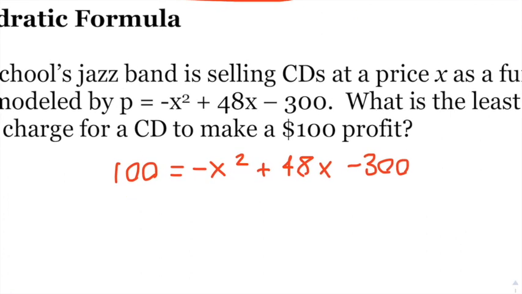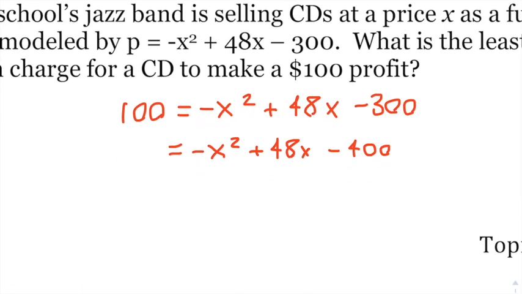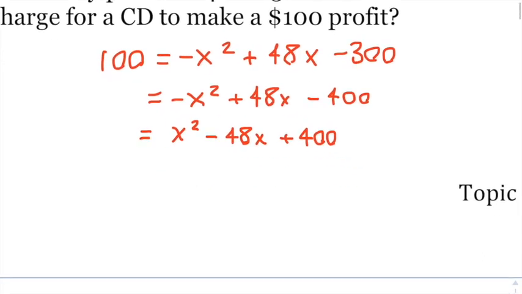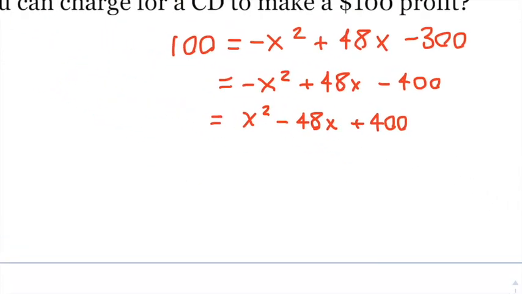Okay. Next, we're going to add over, or I guess subtract over the 100. That'll be negative 400. And then just a good little rule of thumb here, life is a little bit easier if x squared is positive. So I'm going to divide everything by negative 1, which basically flips all of our signs around. That's going to make the problem a little bit easier towards the end when we do our quadratic formula.